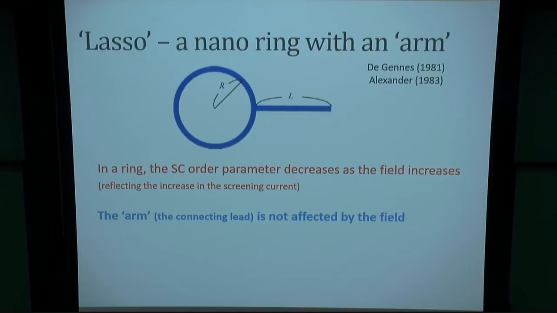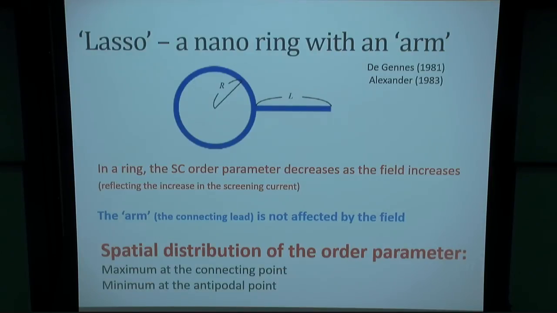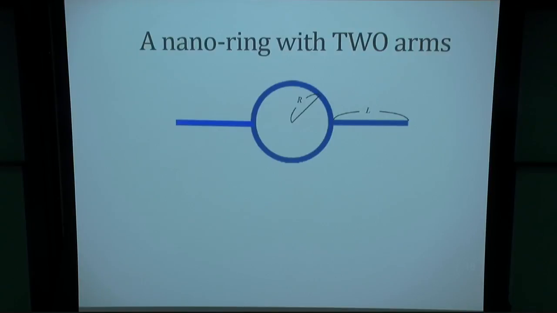But the arm, so the conclusion was that we have a special distribution of the order parameter with maximum and minimum, as I've just described. What happens if we have two arms instead of one? Just using similar arguments, we have two maxima.